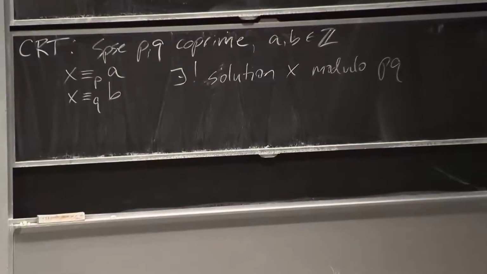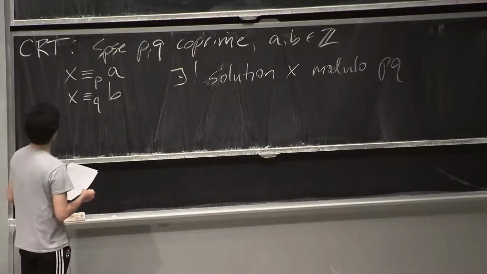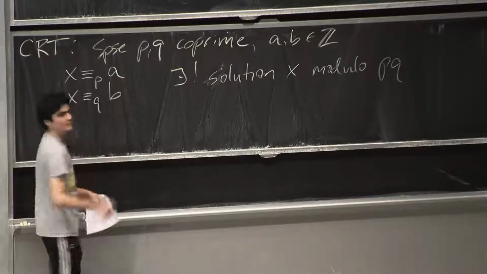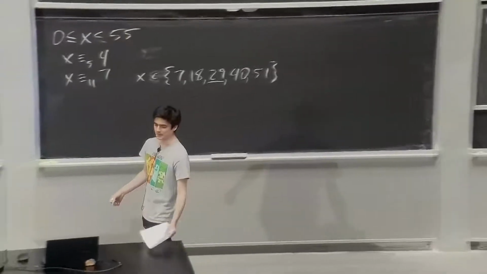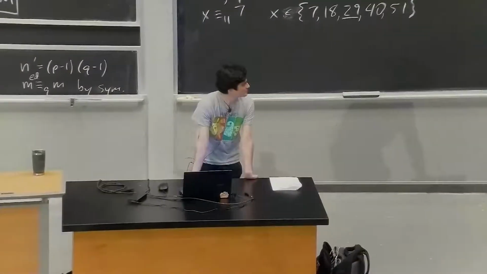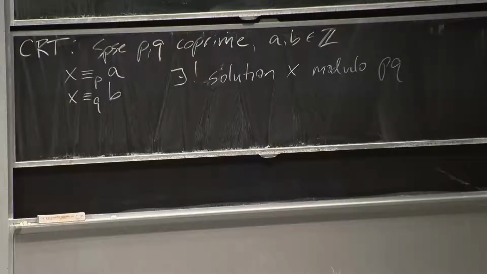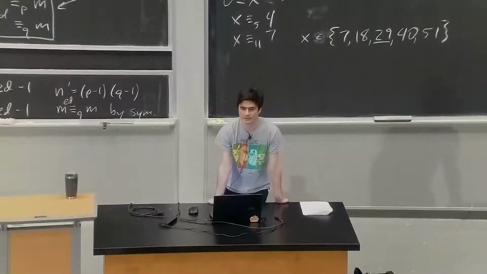Maybe we can start thinking about a special case. So suppose for a start that a equals 0. Okay. How could we find a solution to x congruent to b modulo q and x congruent to 0 modulo p? Yeah. Sure.